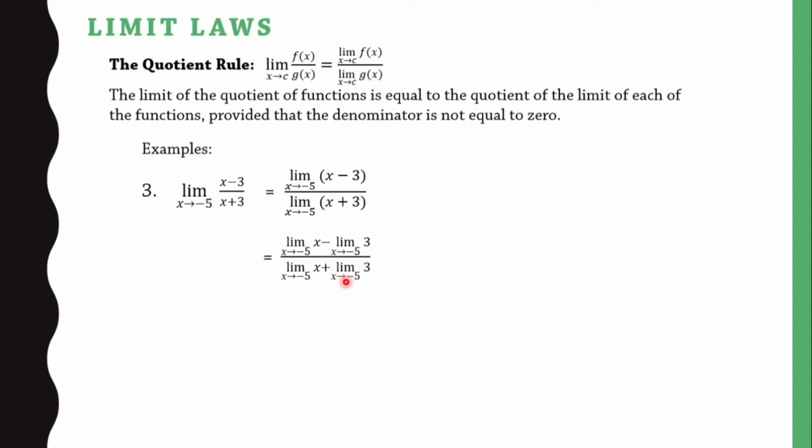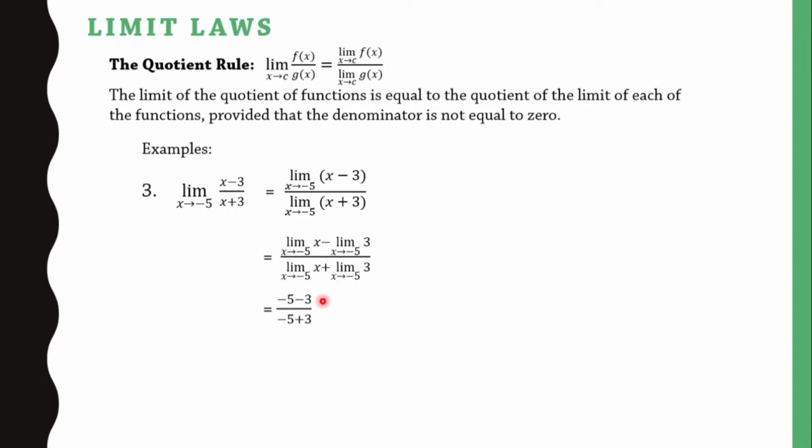Using our constant rule and our identity rule, the limit of x as x approaches negative 5 is negative 5, minus the limit of 3, which is 3, divided by the limit of x, which is negative 5, plus the limit of 3, which is 3.